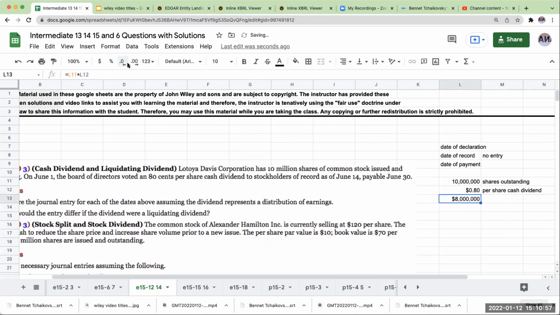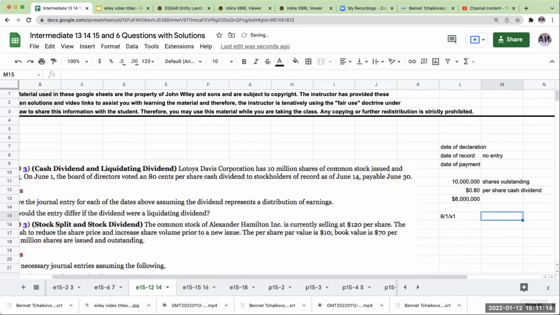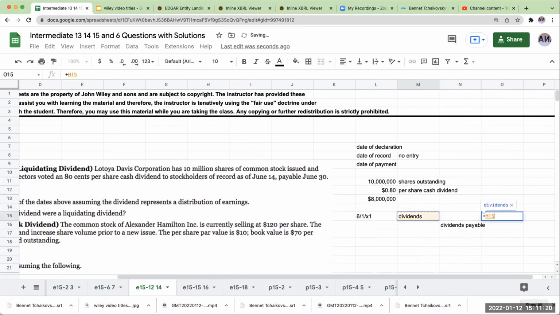If that's the amount of the dividend, and this was a distribution of earnings, on the date of declaration I would debit dividends, crediting dividends payable, for the $8 million.